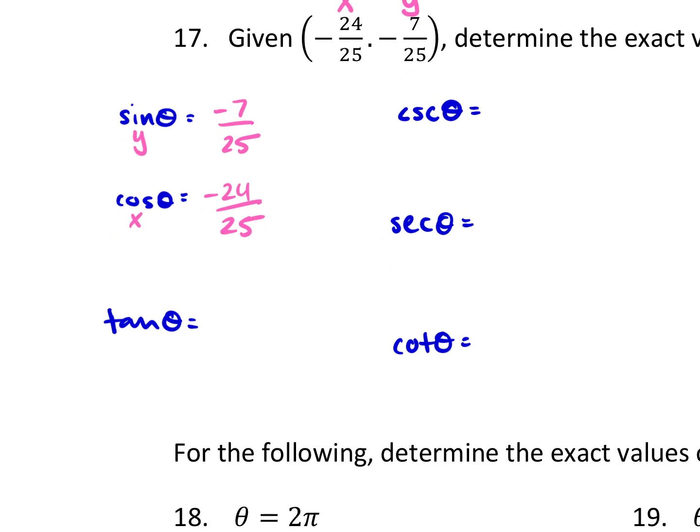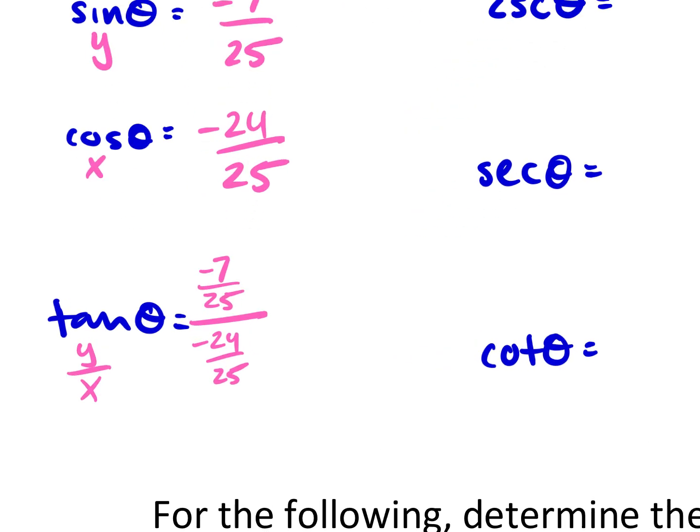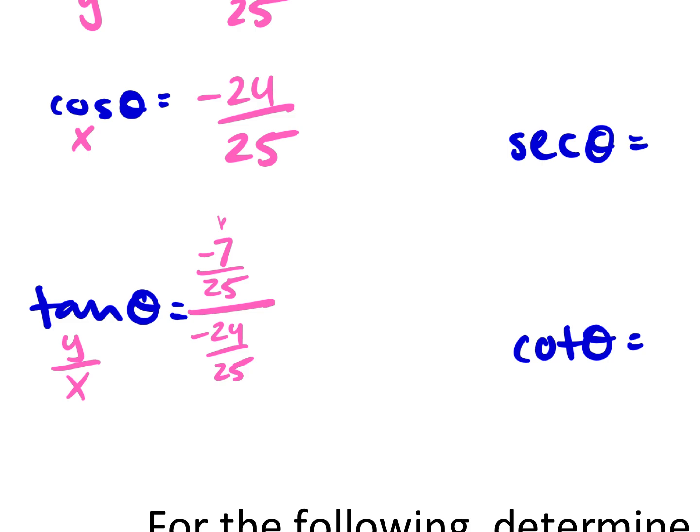Tangent, we look at what? Y over x. So we got to do a little bit more work here. Our y is negative 7 over 25, over x, which is negative 24 over 25. So what do we do when we have a fraction and a fraction? Keep, change, flip. Keep the top, change to multiplication, flip the denominator.